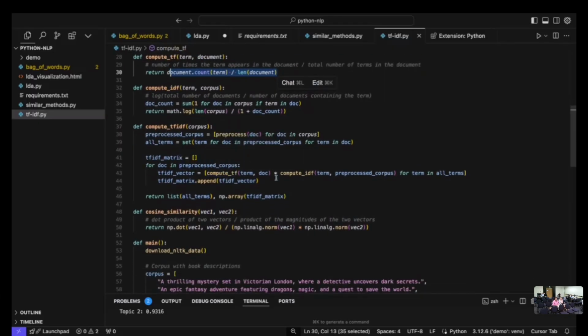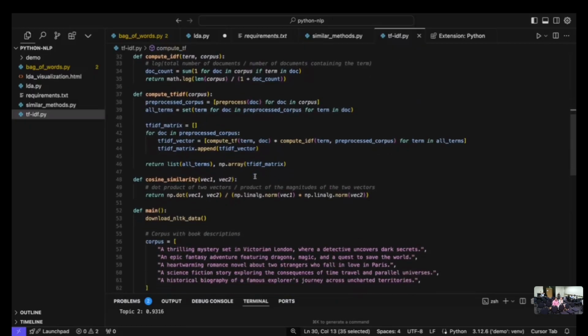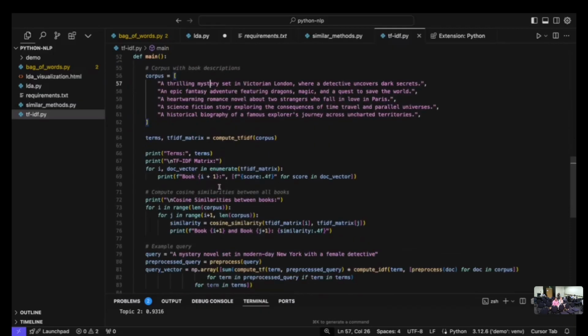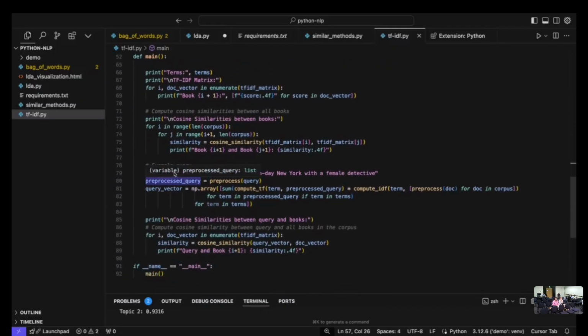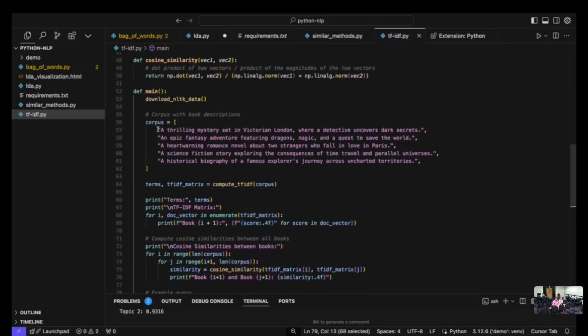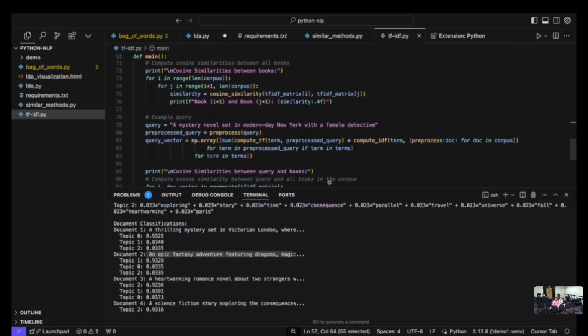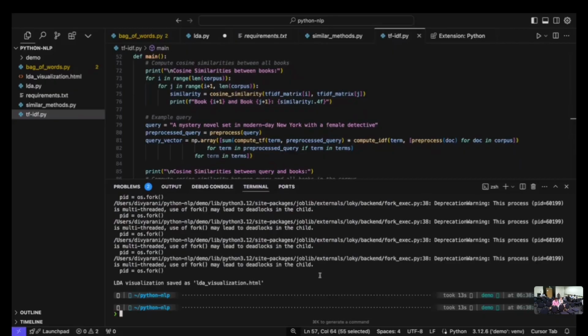Once we get the matrix, we will do a cosine similarity on top of it, basically to compare how each of these documents matches each other, how similar, let's say, the first sentence is to the second sentence. And we will also pass in a query and see which book this particular query will be closer to. So we can run this.